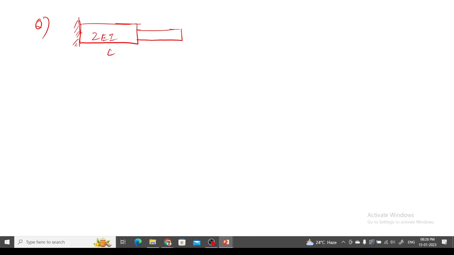Length is L by 2. This length is L by 2. This is EI. And I have a load like this. This is point C, point B, point A. Okay. So you have to find out what is theta C and what is YC.